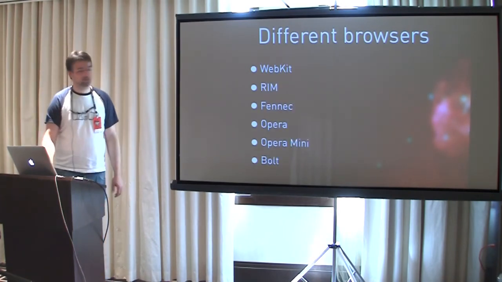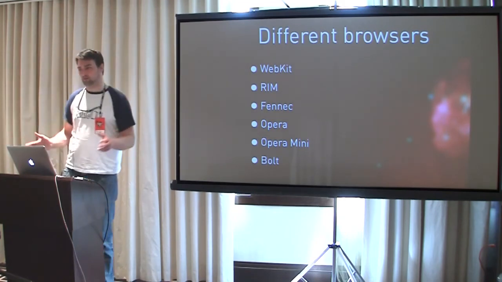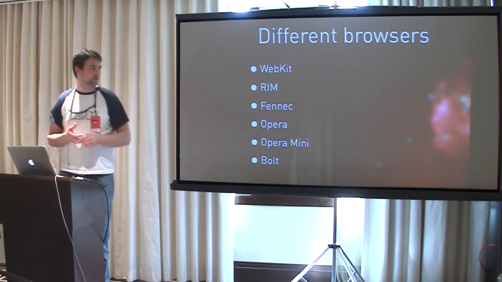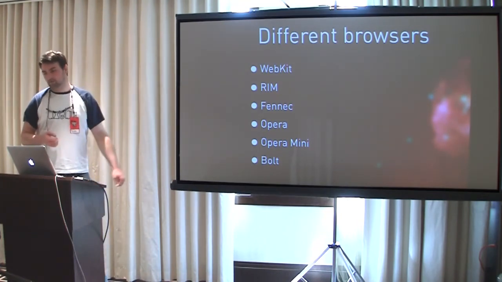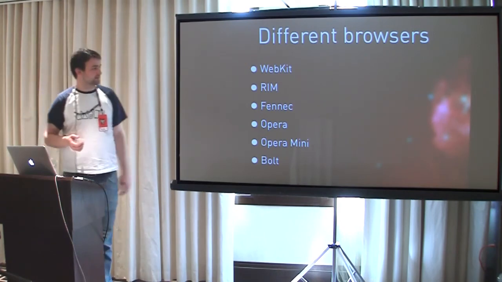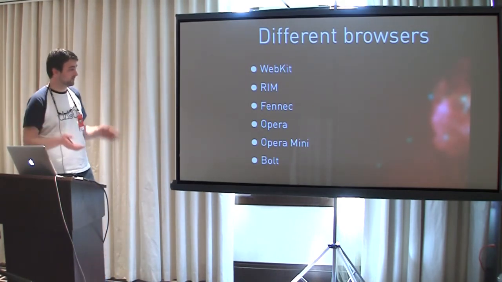It's not true that we just have WebKit. We have a lot of different WebKits. The Android WebKit is completely different from the iPhone WebKit, and the Palm WebKit is different. Then we also have the browser of RIM, from the BlackBerry device. Then we have Fennec maybe in the future. I don't know how many devices will ship Fennec.